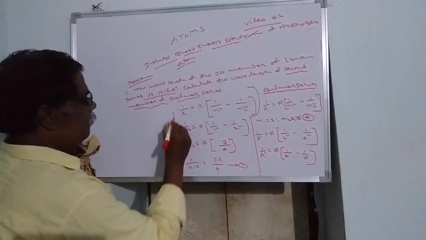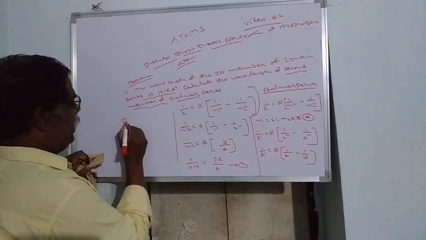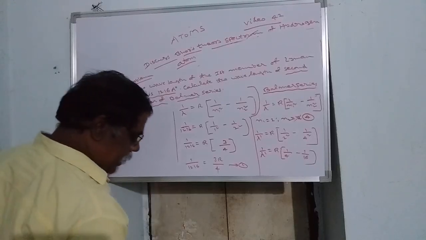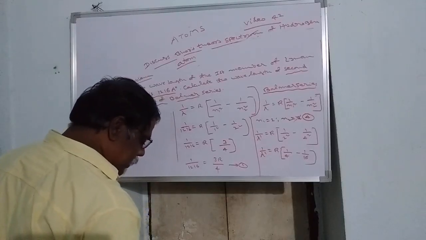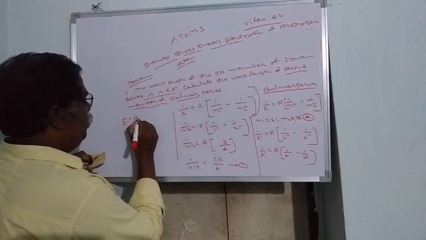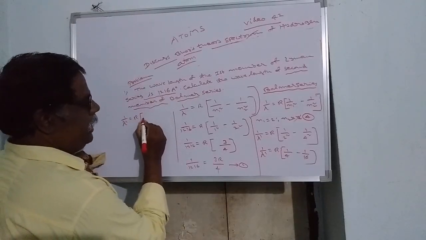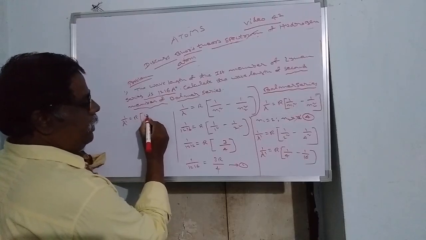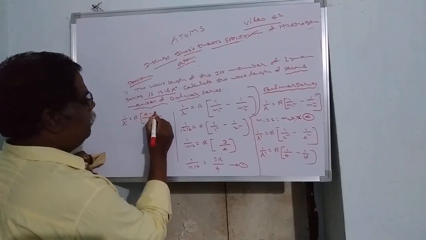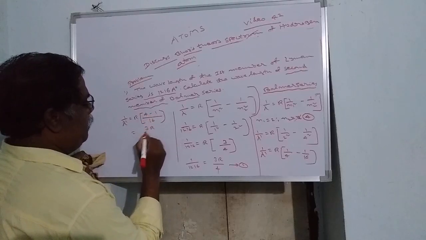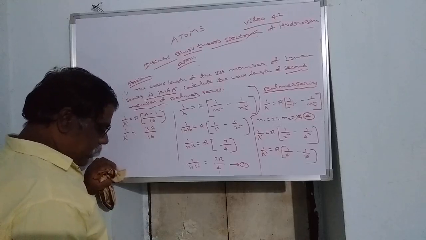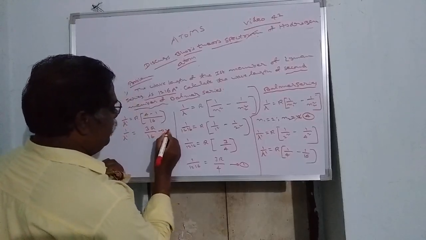Taking LCM as 16, that is 4 minus 1, which is 3R by 16. So 1 by lambda dash is 3R by 16. Call this equation number 2.